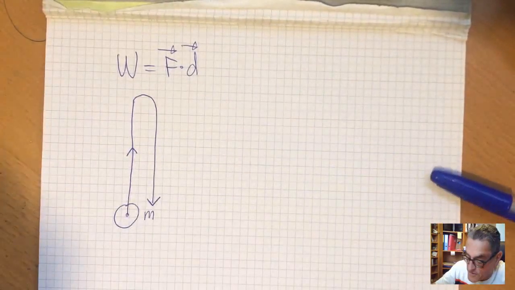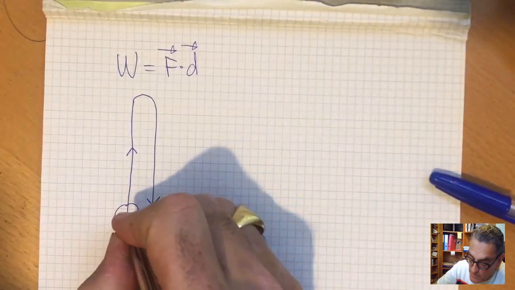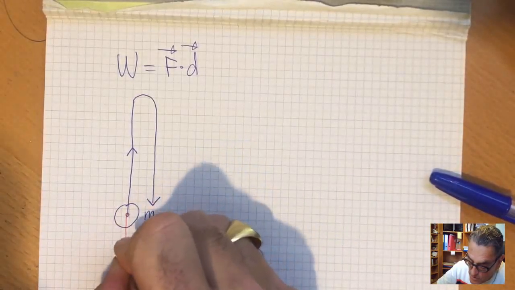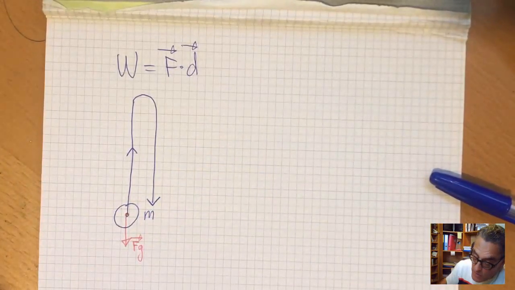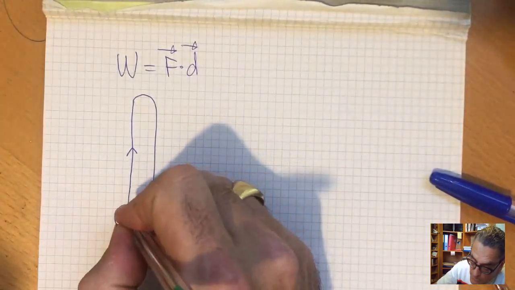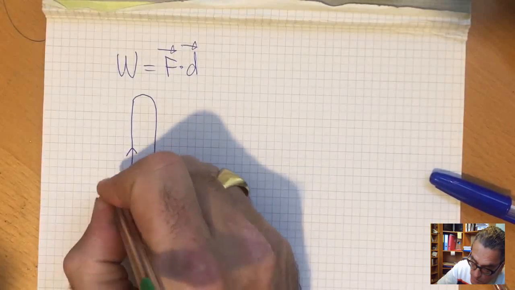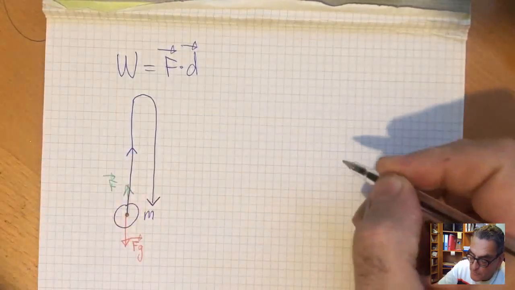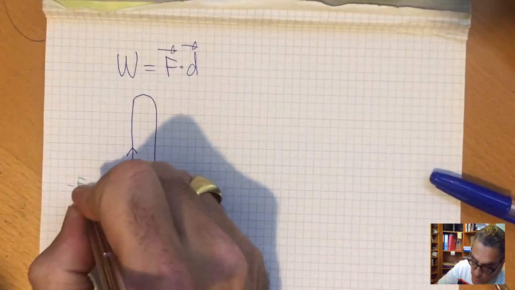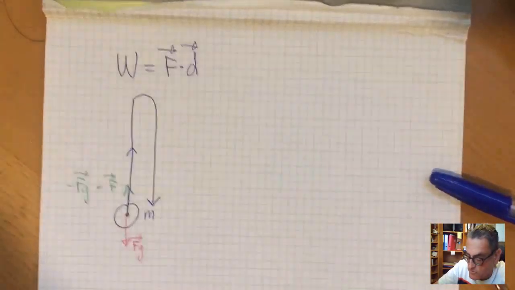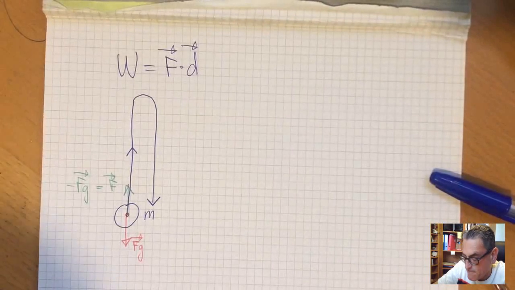What are the forces that apply? Well, there is a gravitational force acting on the apple, and if we want to lift this apple, we need, of course, to apply a force in the opposite direction, and this force is just going to be minus the gravitational force.